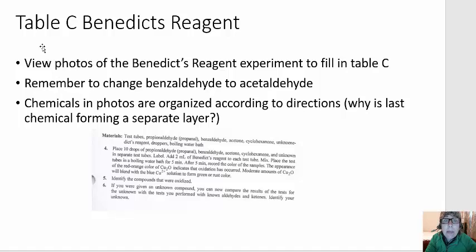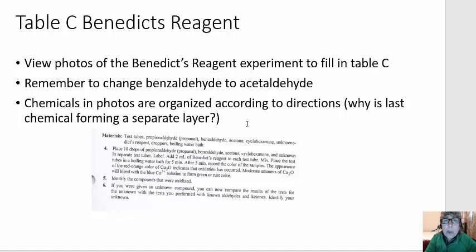All right, and then Table C, Benedict's reagent. You remember from video lecture as well as from the reading of the lab that Benedict's reagent is a mild oxidizing agent, and it gets reduced and changes its color in the presence of an aldehyde. So again, remember to change benzaldehyde to acetaldehyde.